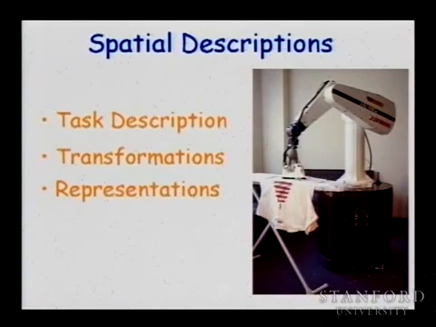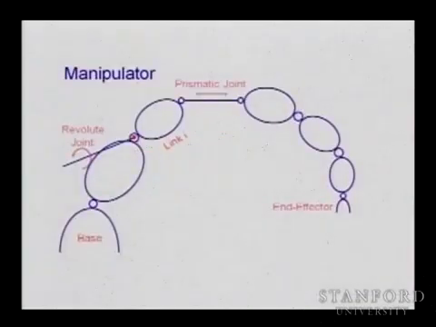There are many different ways through which we can describe a position or an orientation, and we will discuss a few different representations. And I'm also going to describe a little bit what is a manipulator, what is a robot arm, and then what are these joints, what are the degrees of freedom of a manipulator, how we count, represent the position of a manipulator.